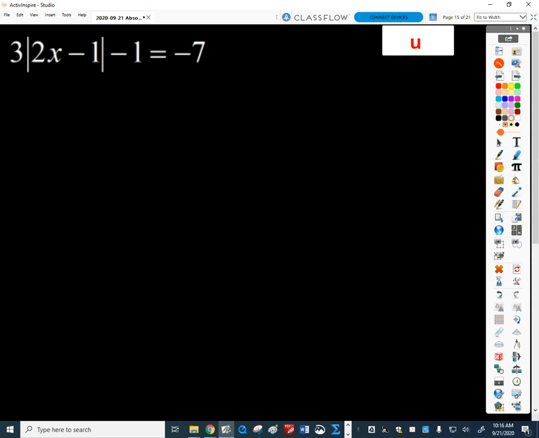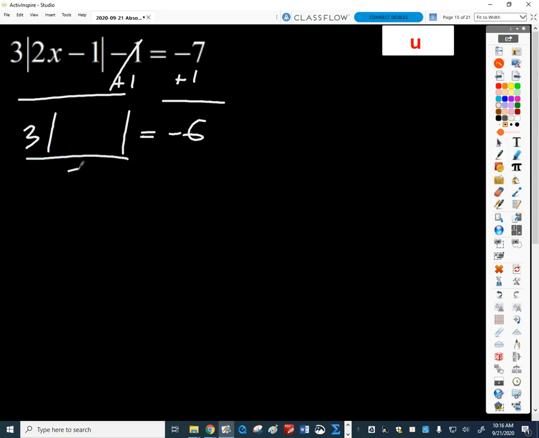And we're going to divide by 3. I'm going to get 3 times my absolute value equals -6. I'll divide each side through by 3, and I'll get my isolated absolute value is equal to -2.